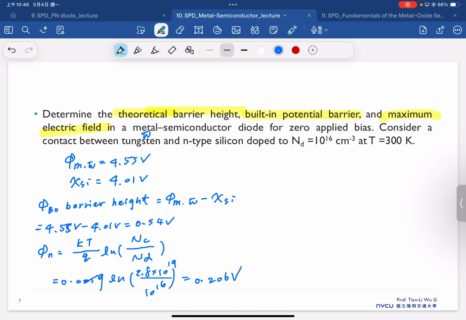So the first question is the built-in potential barrier. So that's VBI, which is phi B0 minus phi n.